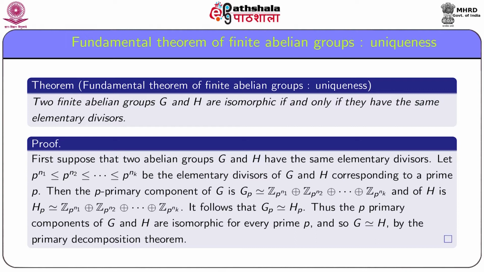In a word, both Gp and Hp are isomorphic to the same group, and hence it follows that Gp is also isomorphic to Hp. Thus, the p-primary components of both G and H are isomorphic, and this is true for every prime p, and hence it follows that G is isomorphic to H by the primary decomposition theorem.